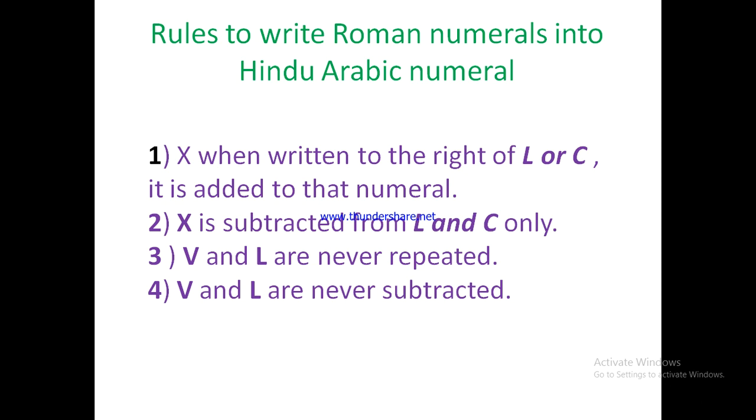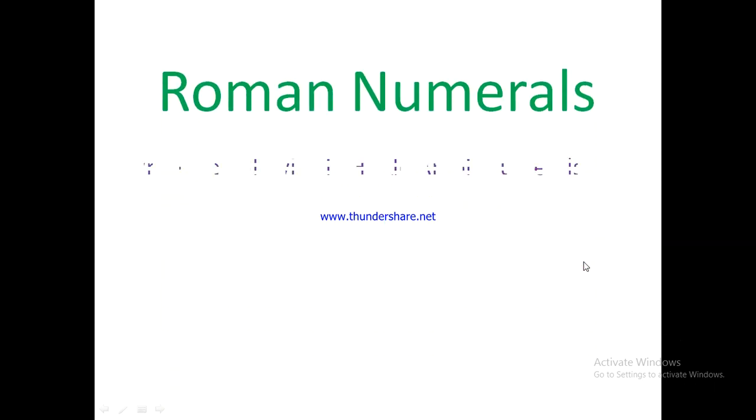The third rule, V and L are never repeated, and the fourth one, V and L are never subtracted. These rules you have to follow when you are writing the Roman numerals into Hindu-Arabic numerals, or vice versa, when you are writing Hindu-Arabic numerals into Roman numerals. Let us see, children, some of the examples.